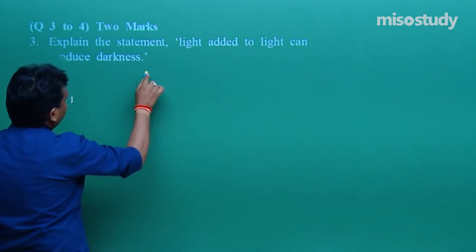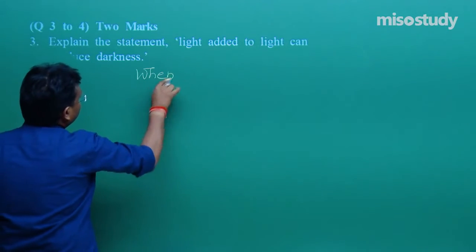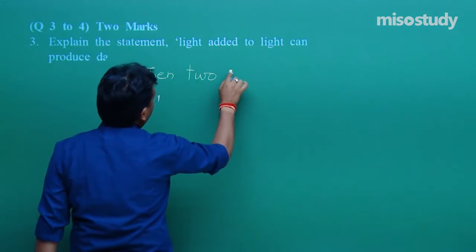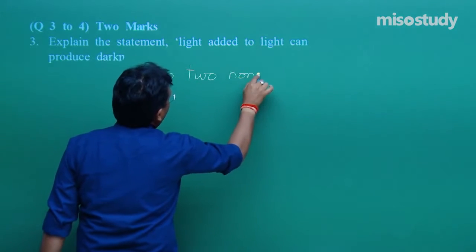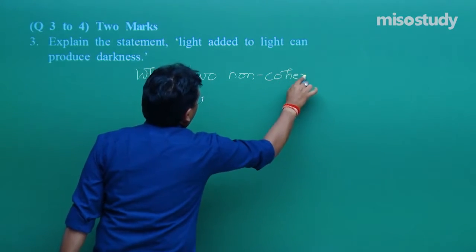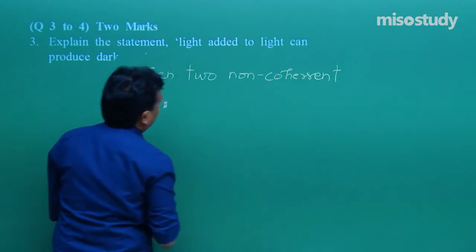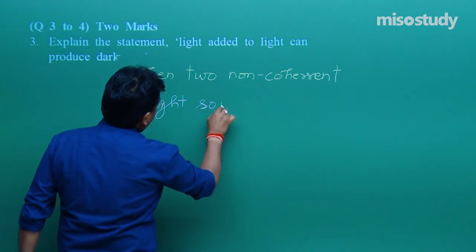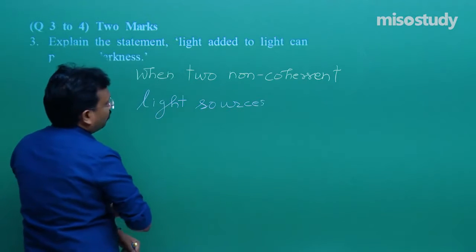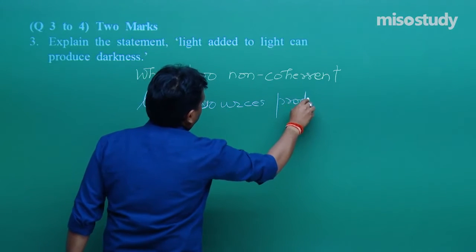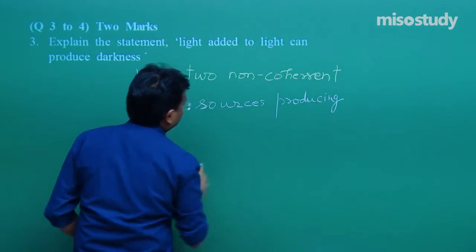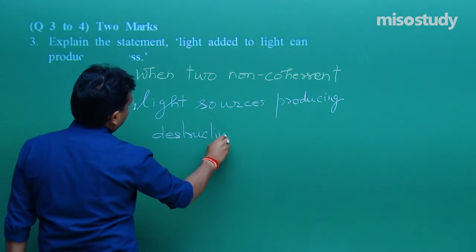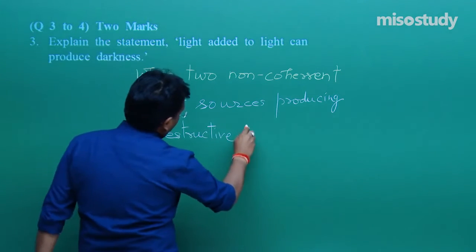That is, when two non-coherent light sources produce destructive interference.